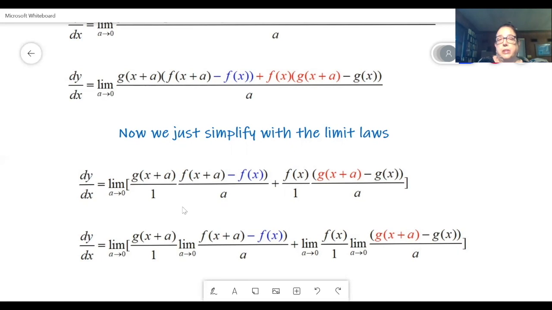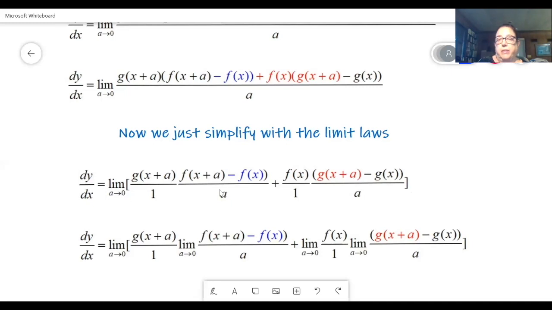And if you look at this closely, you can multiply to get back to this. We can multiply these two, the new denominator is a, and g of x plus a is multiplied by this difference. And the same thing here, the denominator 1 times a is a, and we can multiply by that difference.